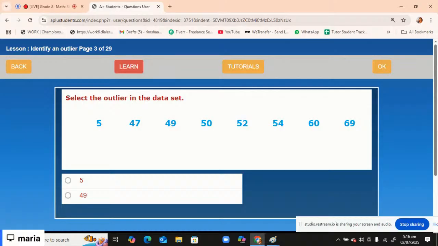So, what is the value you chose? A much smaller value, that is 5. So, we go with that one.